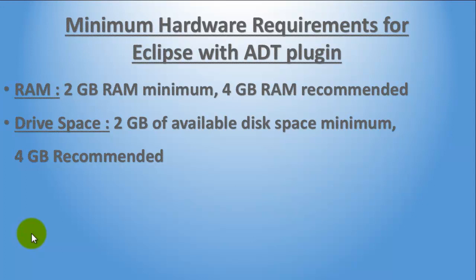When you install all the other versions, like if you want to create an app using Marshmallow, you must have Marshmallow and other versions. You must have at least 10 GB of disk space to install all the versions and their system images. This system image is used in your Android emulator.